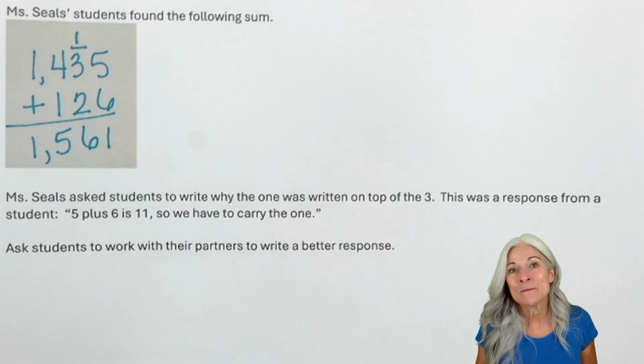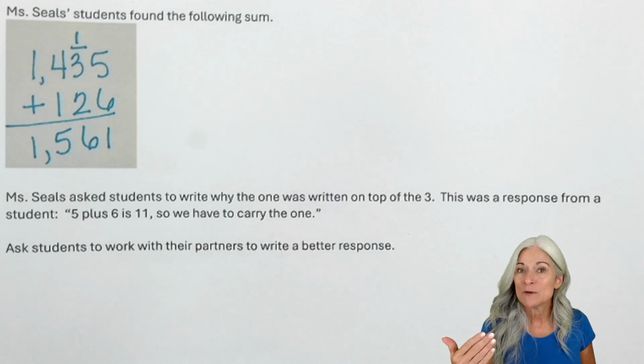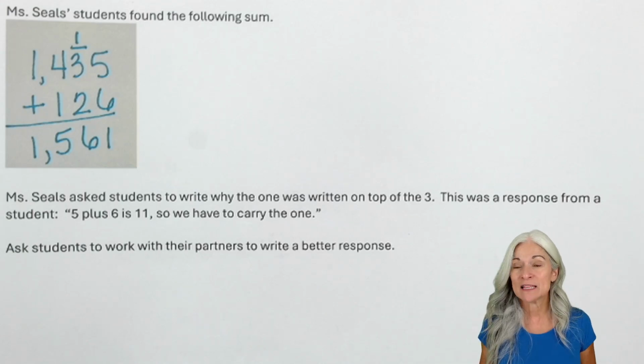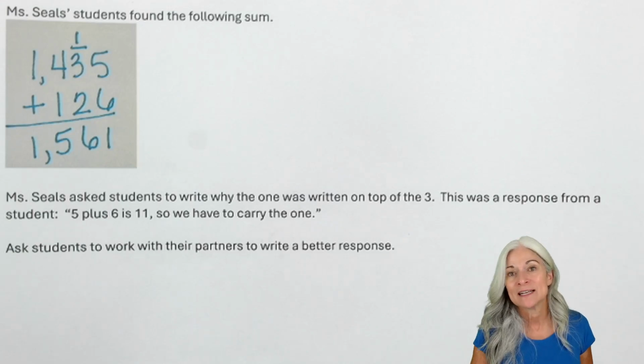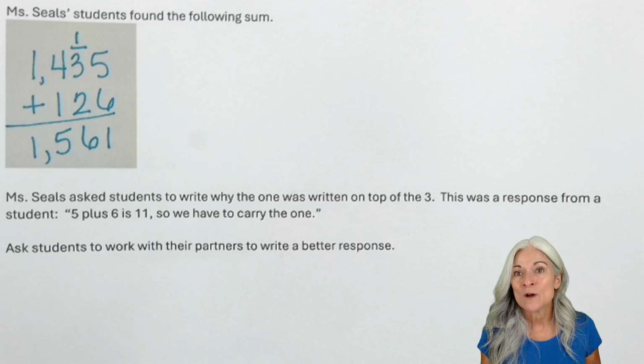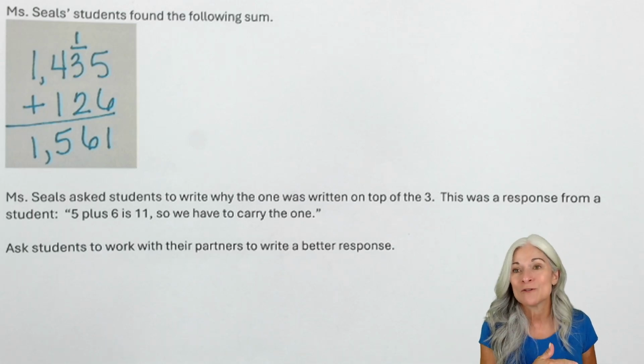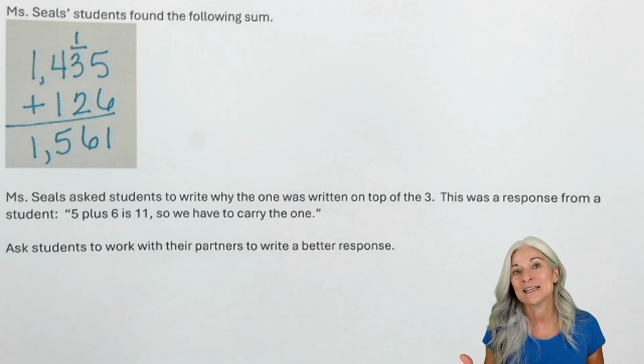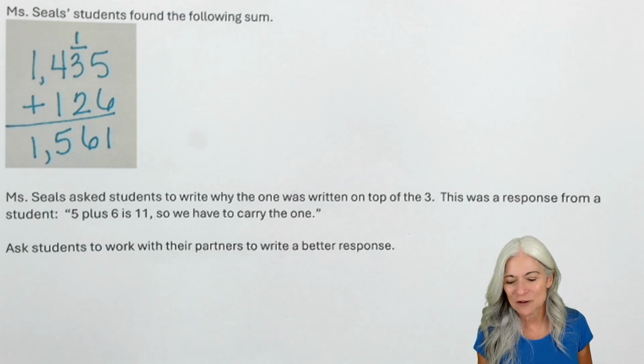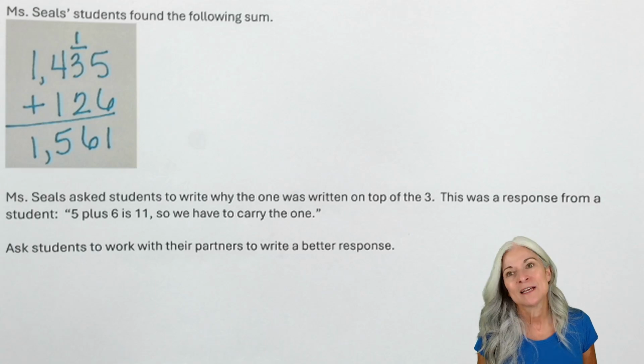A better response that we would be looking for is something like, when we add 5 and 6, we have 11, so we regroup the 11 as 1 ten and 1 one. And then we regroup the ten with my other tens, 3 and 2. Those are the kind of things you're looking for as you have them rewrite that response.